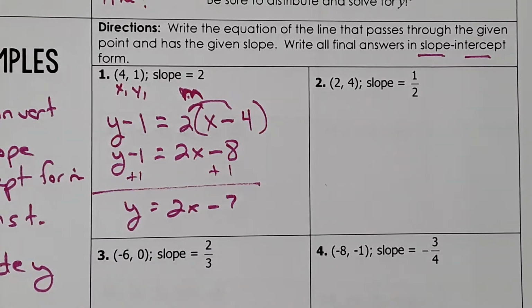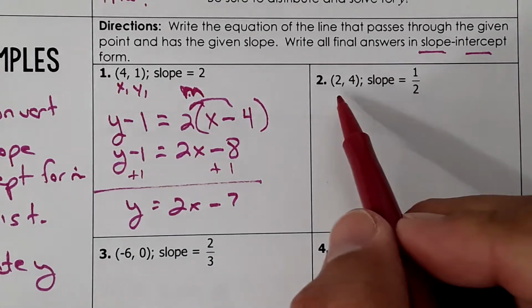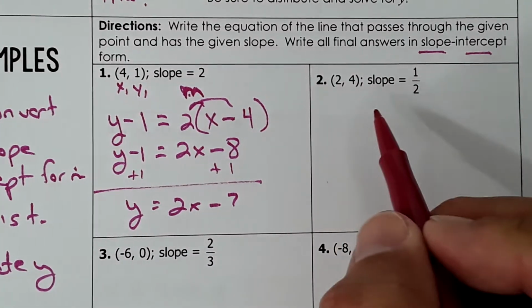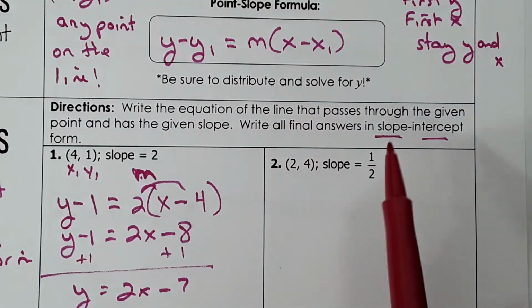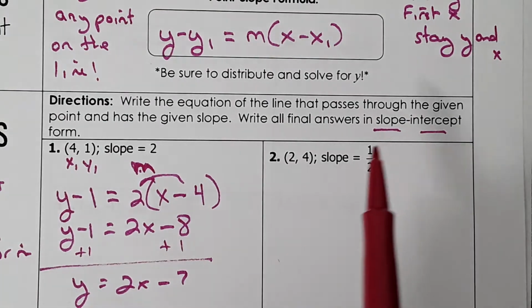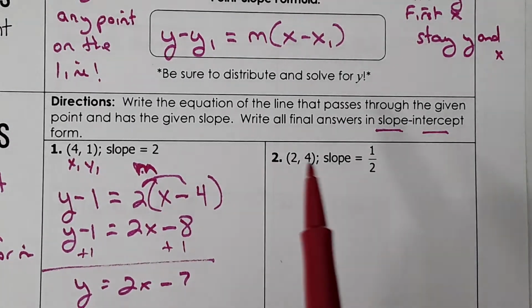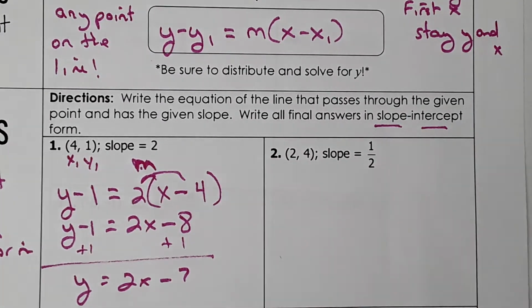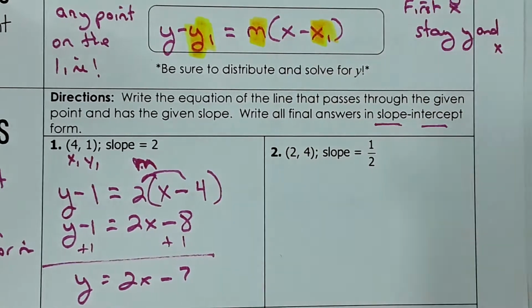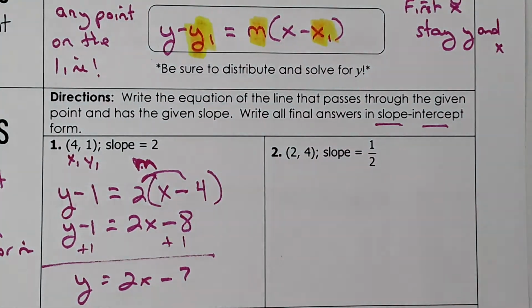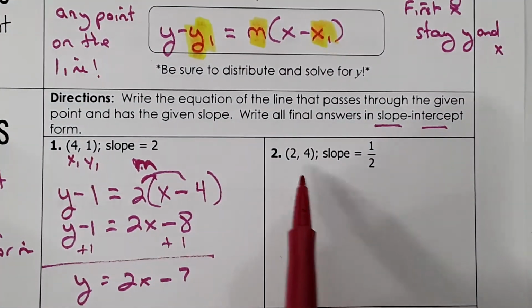So let's go through a couple more examples. Remember the formula. Here's our formula. I'm only substituting numbers in for y1 and x1, which is what I'm given in this problem.